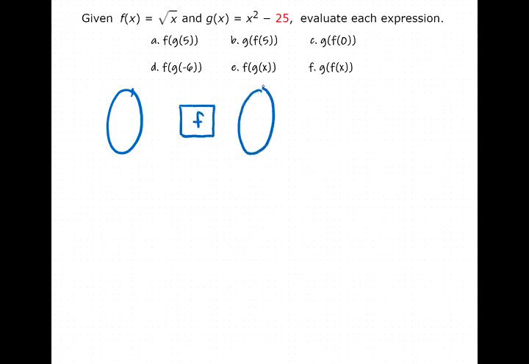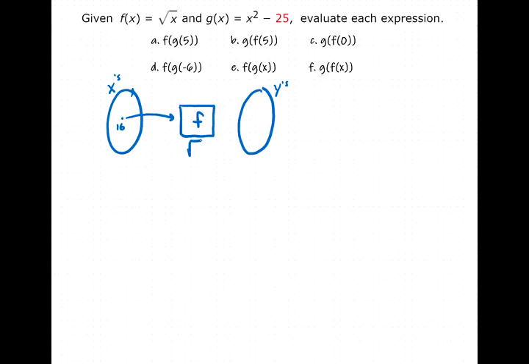where we have some set of input values, we'll denote those as x's, and some set of output values, we'll denote those as y's. And so the function takes a number, let's say, I'll pick one that's convenient, the number 16. So the number 16 goes into the function, and the function is the square root function.